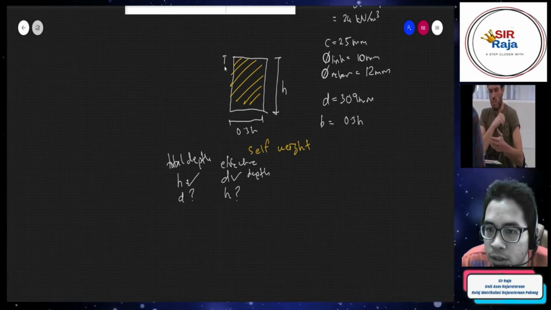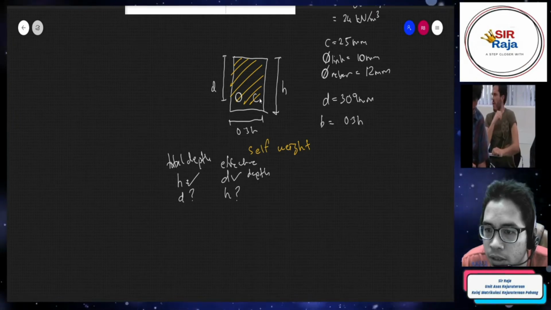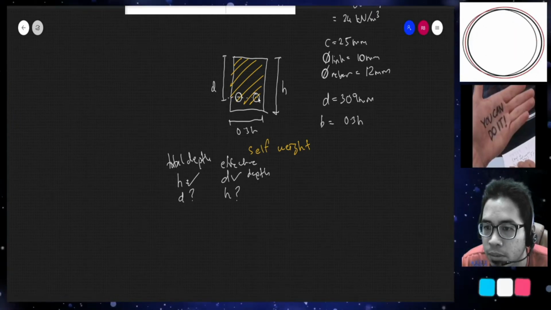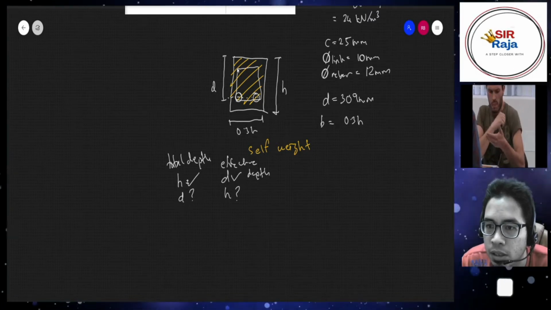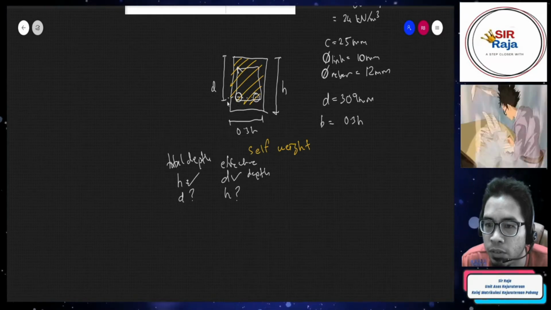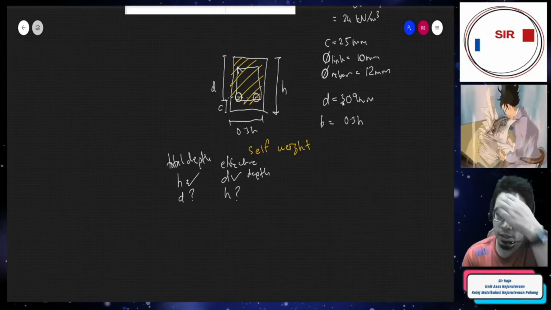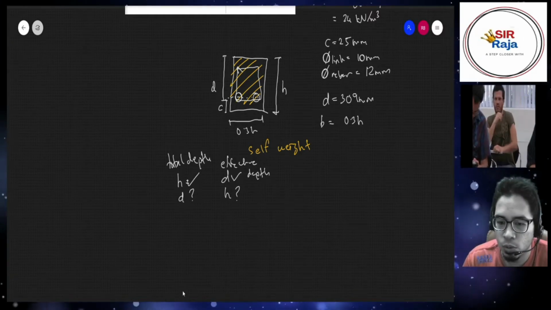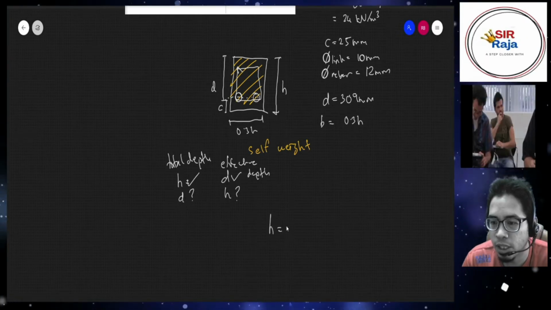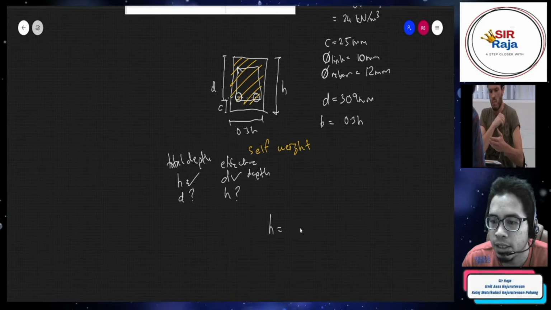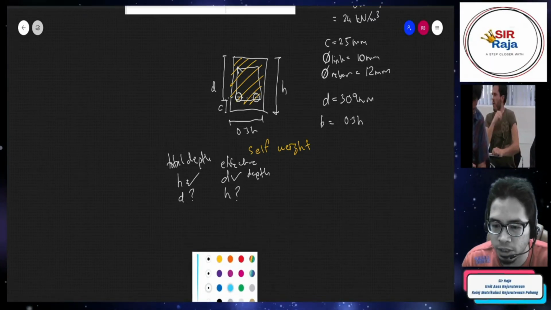The D is from the middle of the rebar. Then we're going to have links here, and then we have this nominal cover. In order to find H, I'm going to change the color of the pen so that you know that I'm answering. Now we're answering the question.